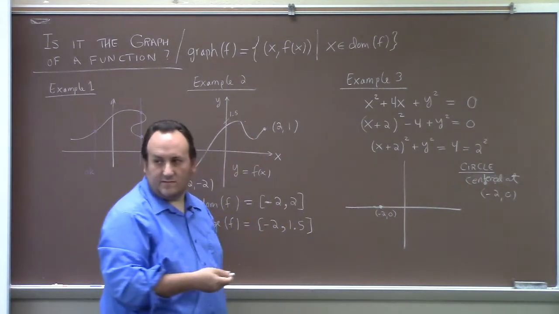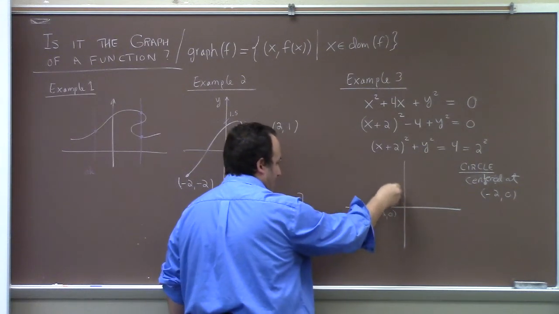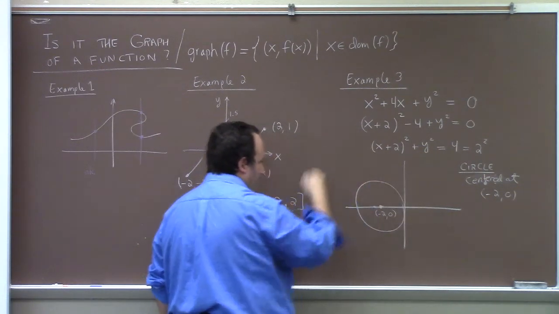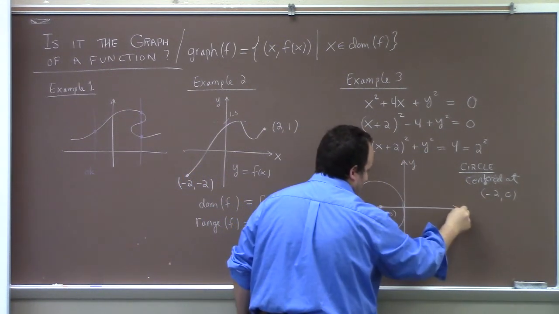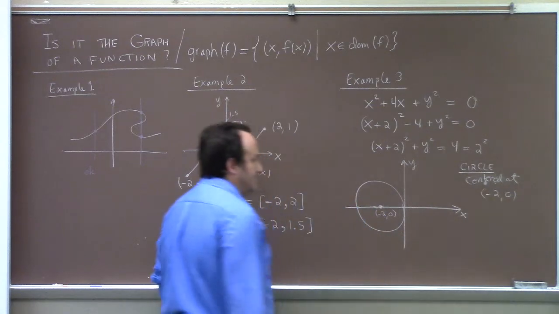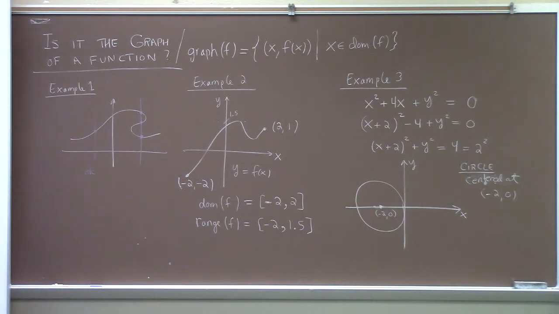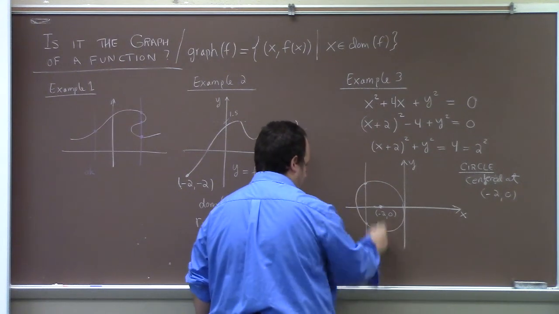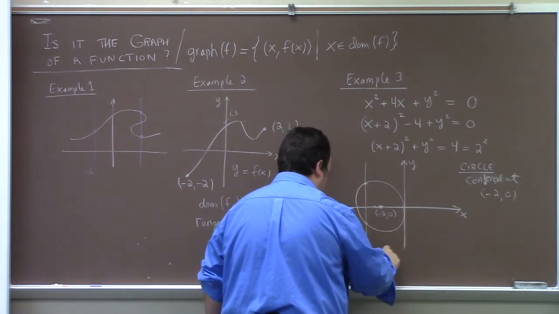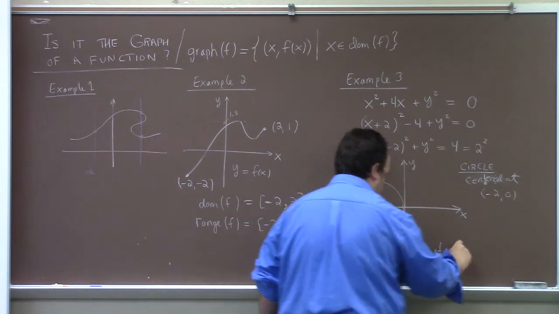And the radius is 2, right? So it looks like that. Is this a function? I mean, is this the graph of a function? Again, no, because it fails the what? Vertical line test. So, nope. Not the graph of a single function.